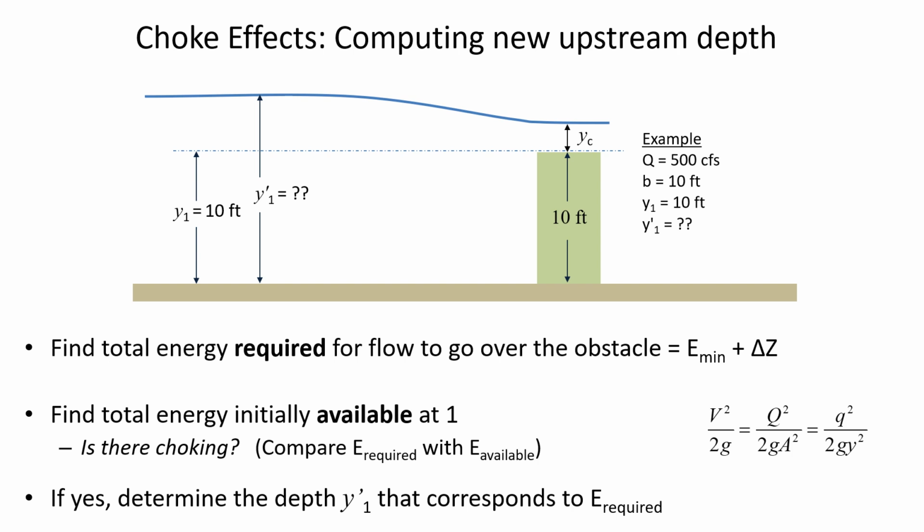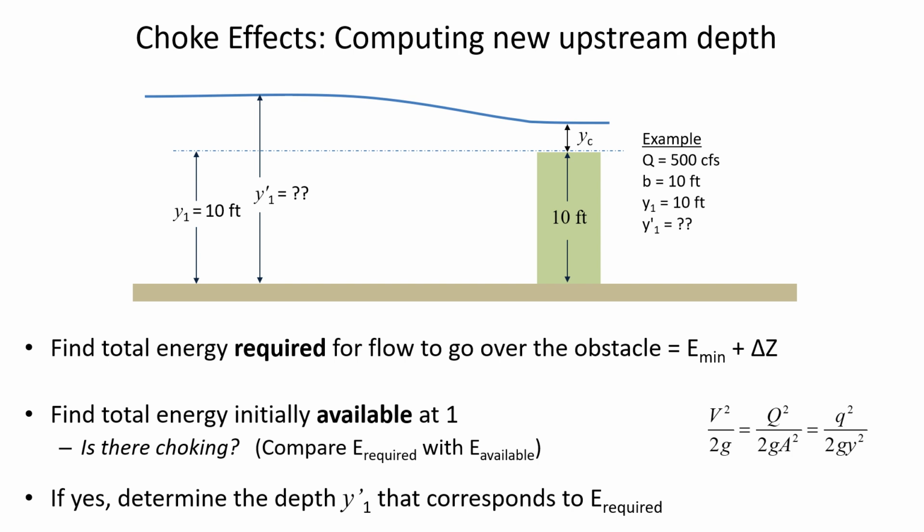Remember, energy is in two places. It's in the depth and the velocity head. And it just so happens that when you're at the critical depth, the velocity head is 1/3 of the specific energy, and the depth is 2/3 of the specific energy.